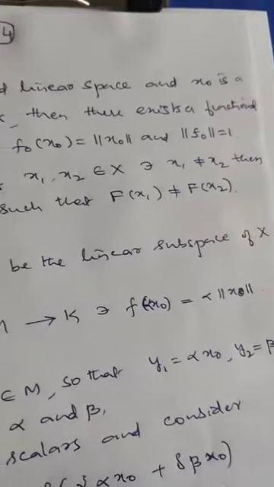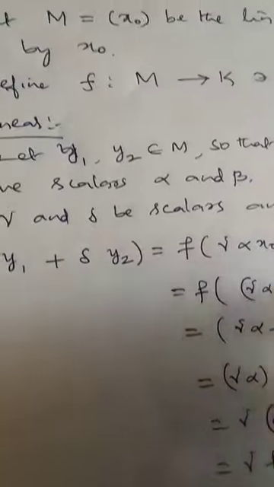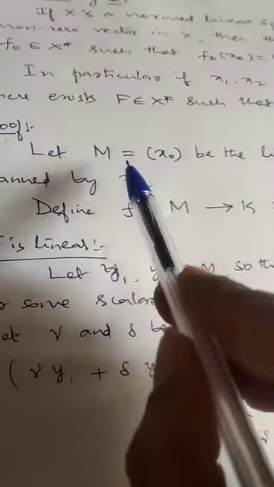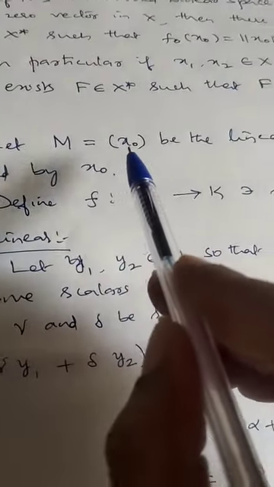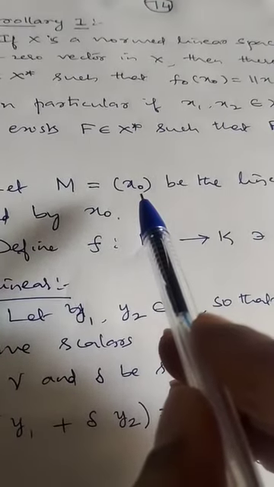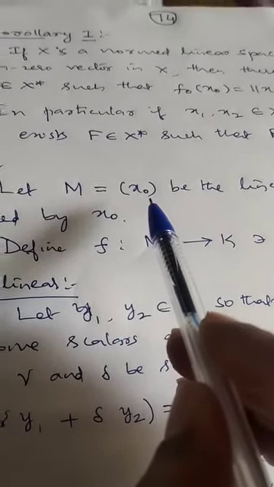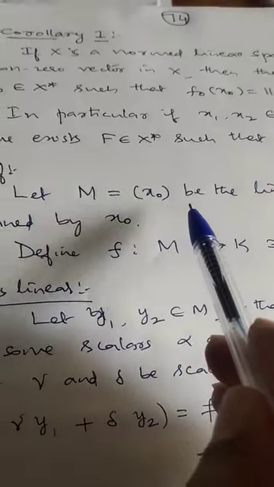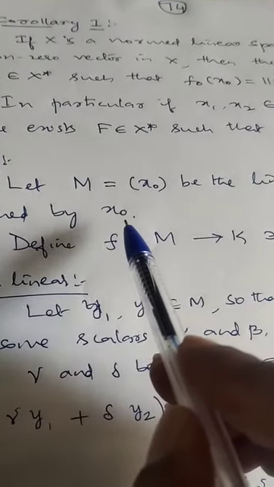That means this linear functional f separates the points of X. Okay. So now let us look at the proof. I construct the linear subspace M generated by this non-zero vector x0. Definitely M is a subspace of X generated by x0.